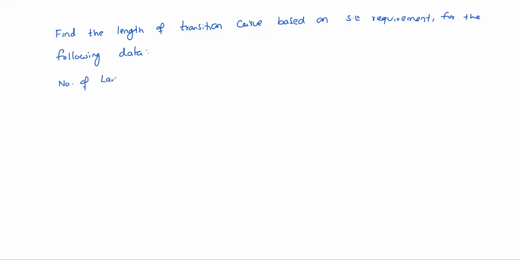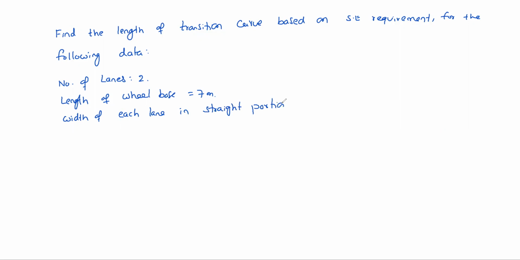Number of lanes 2. Length of wheelbase 7 meters. Width of each lane in straight portion 3.5 meter.